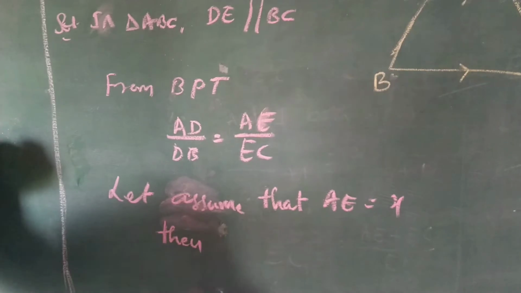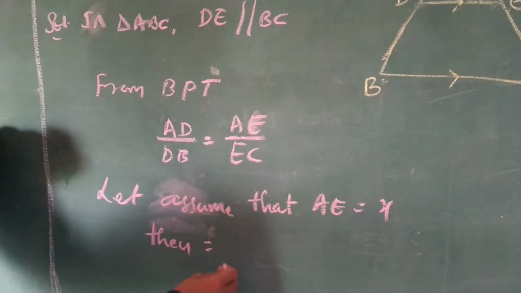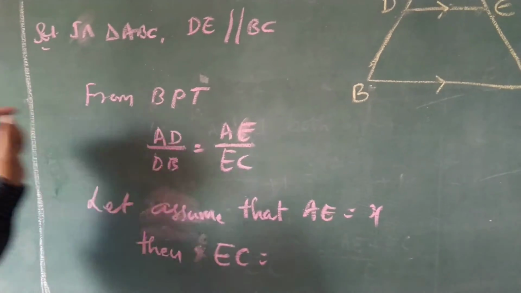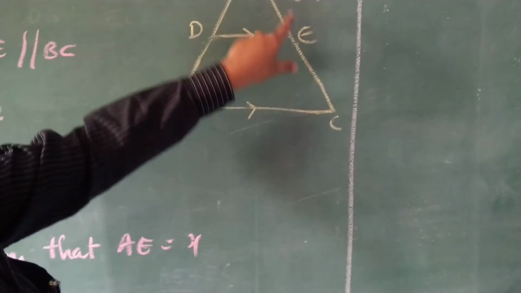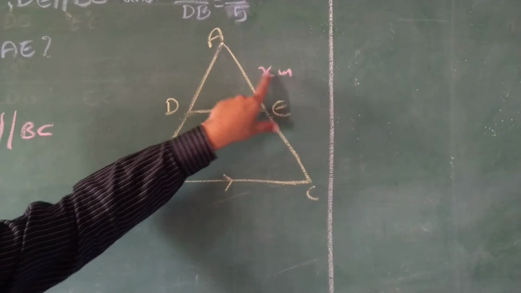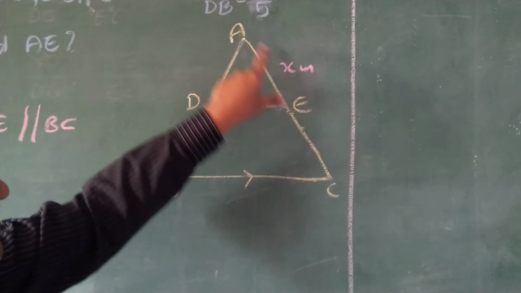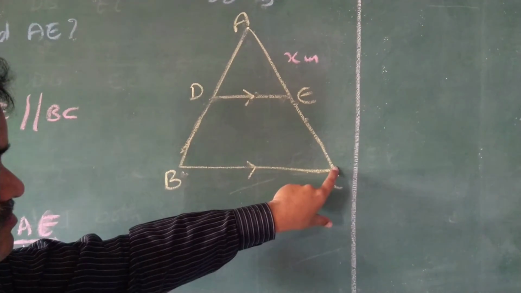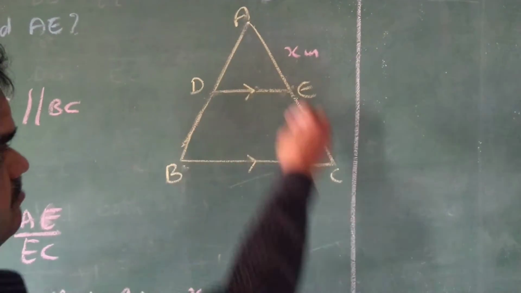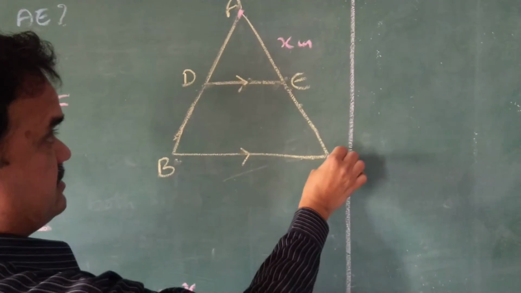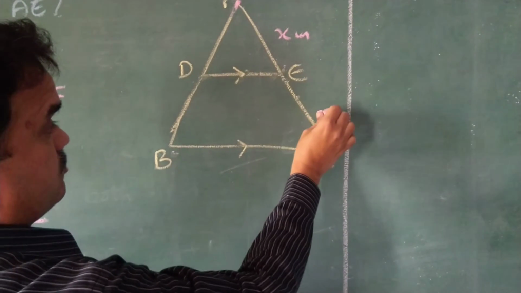Then EC is equal to what? AE is assumed as x. We have to find EC: AC minus AE, that is, AC is the total, so AC minus AE is equal to EC.